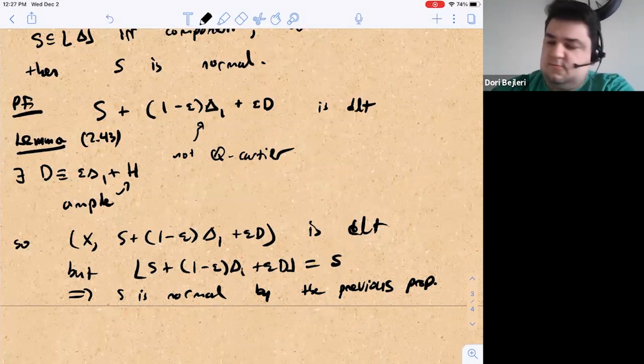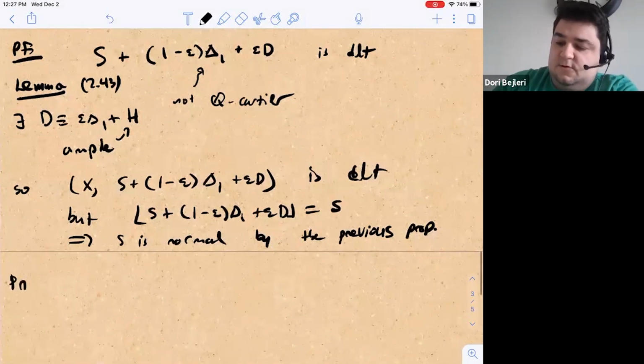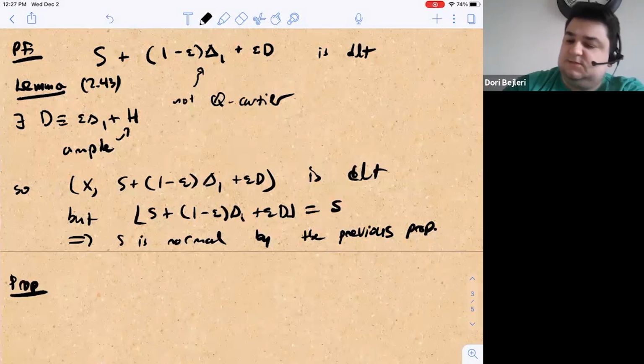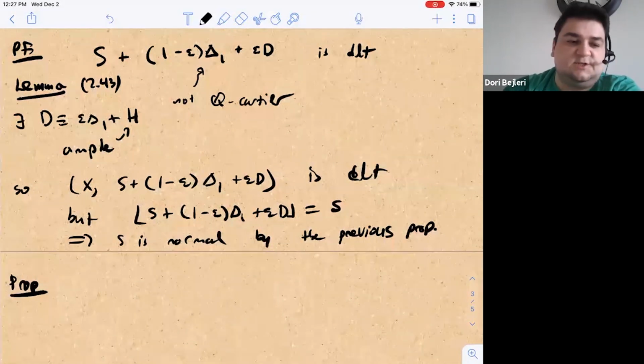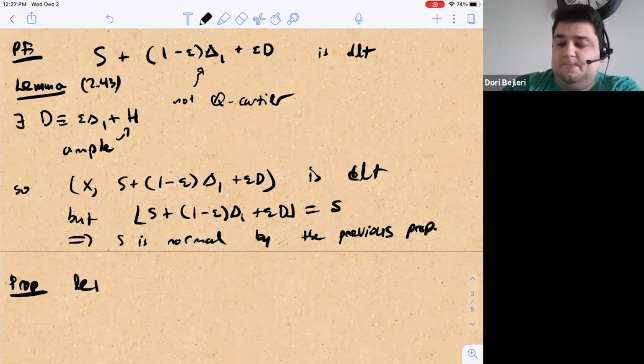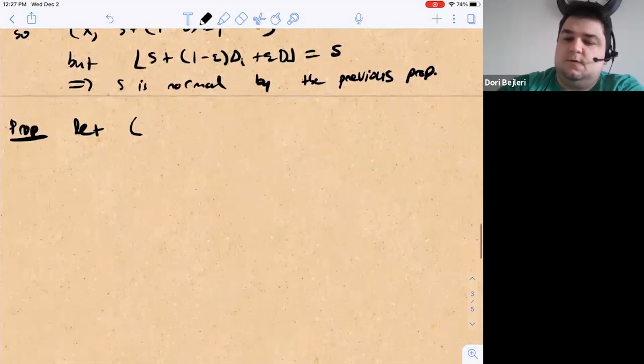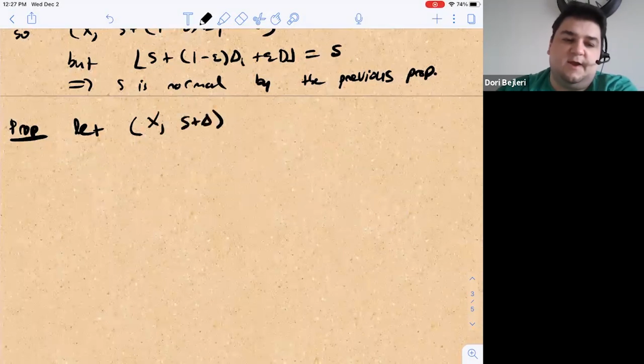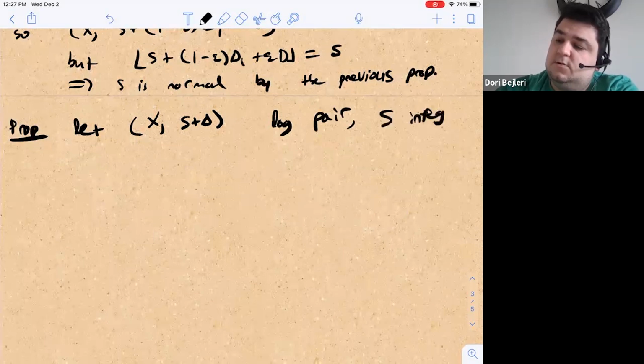And now, finally, we have the comparison of discrepancies. So this is maybe sometimes called adjunction. I'll write down a pair X, S plus delta, with S integral and normal.